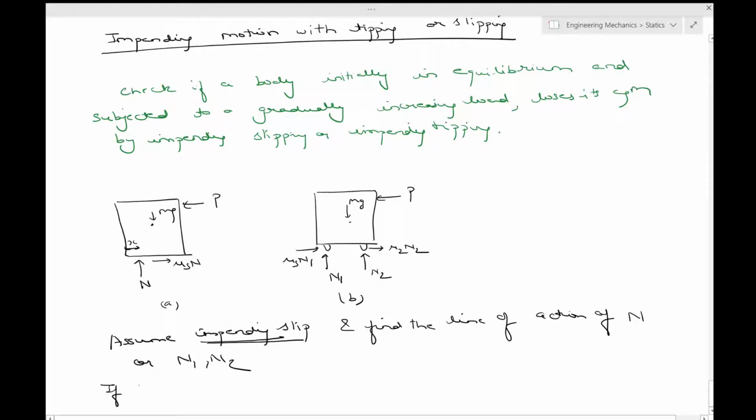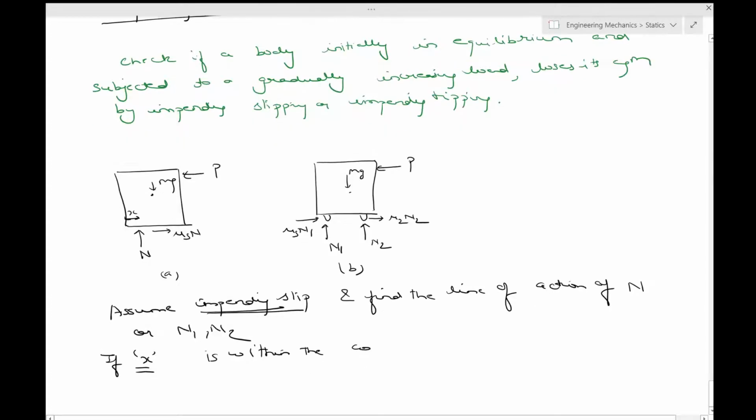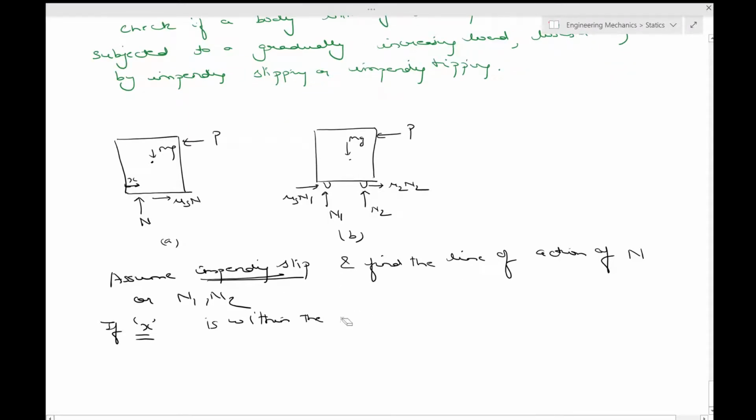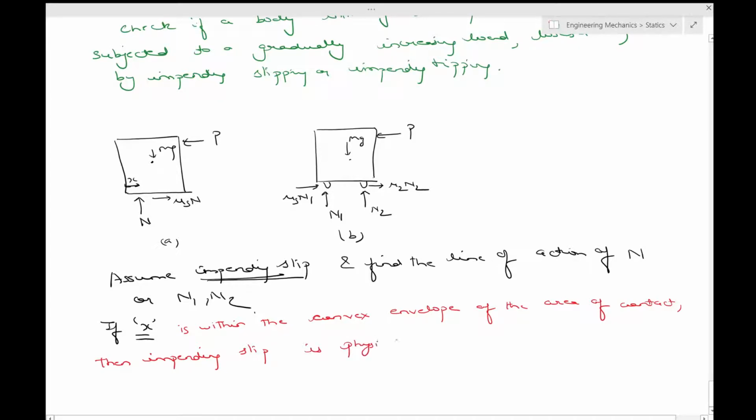Now if x, which is the so-called line of action of N, is within the convex envelope of the area of contact, then impending slip is physically realizable.